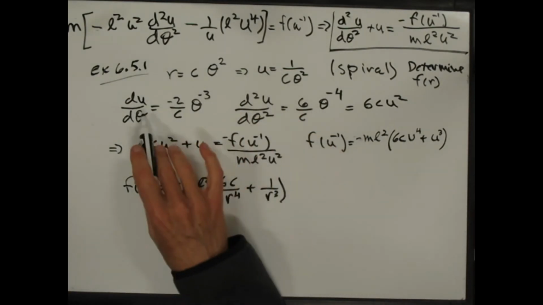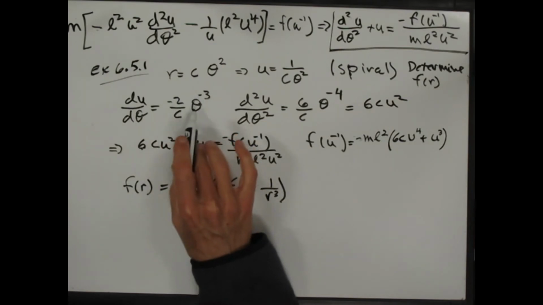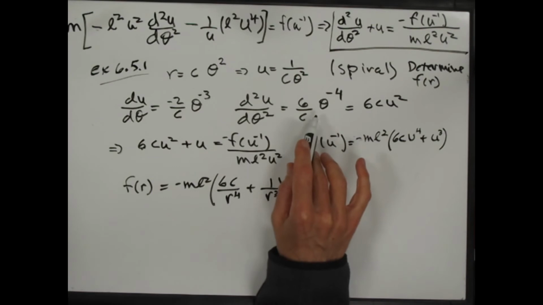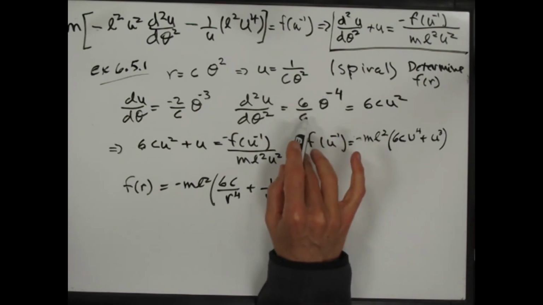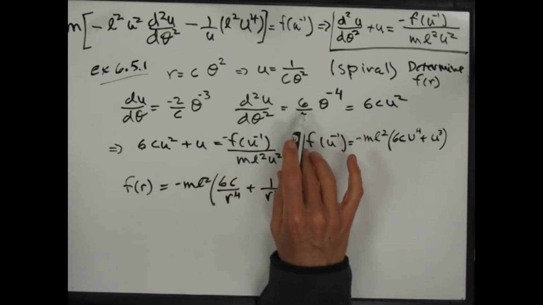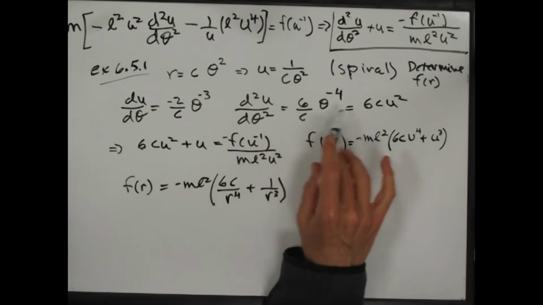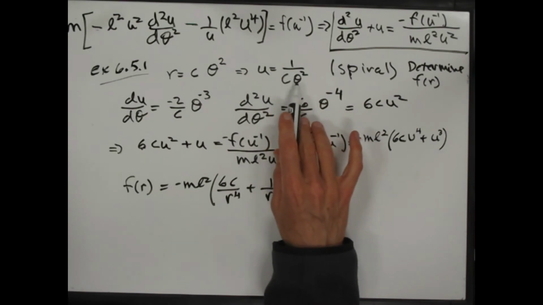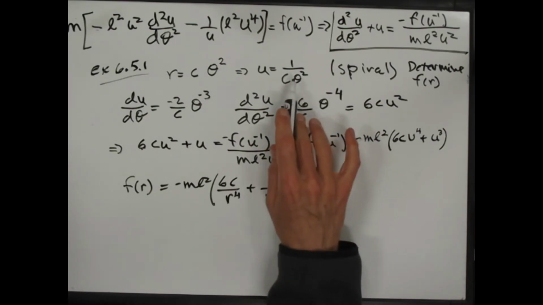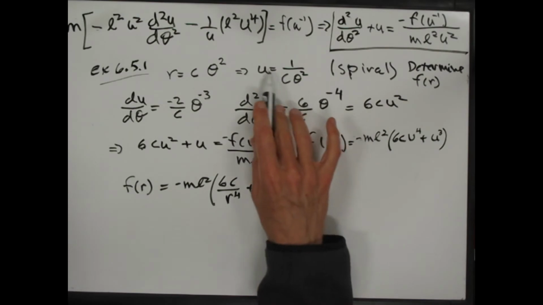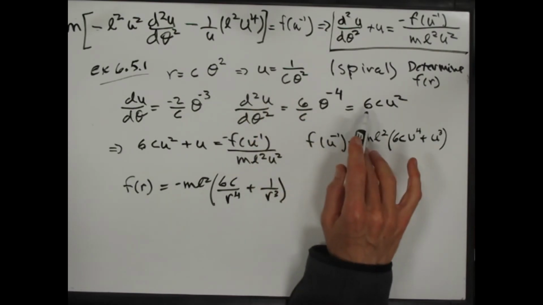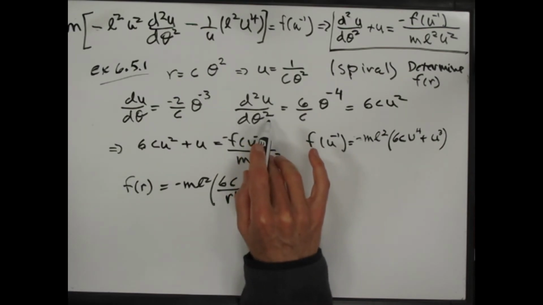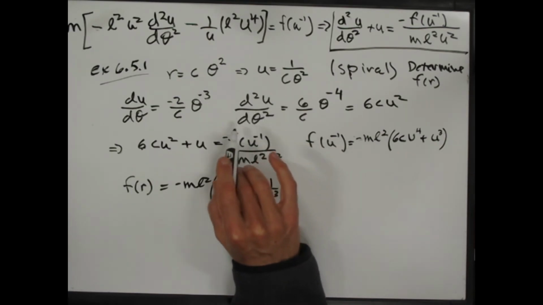First we calculate du d theta, and it gives us this quantity. If you take the derivative of this with respect to theta, it's straightforward. And the second derivative with respect to theta is this quantity, right? It's just another straight derivative. And you can rearrange that, since u is equal to 1 over c theta squared, you can solve for theta to the minus 4 in this equation, and substitute, and you get 6 c u squared as the second derivative of u with respect to theta.